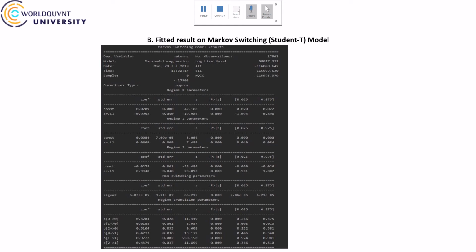Once again we observe that the probability of regime 0 to stay stable is less than in the previous model, and the one from moving from regime 1 to 0 is again less, around 1%, and so on.